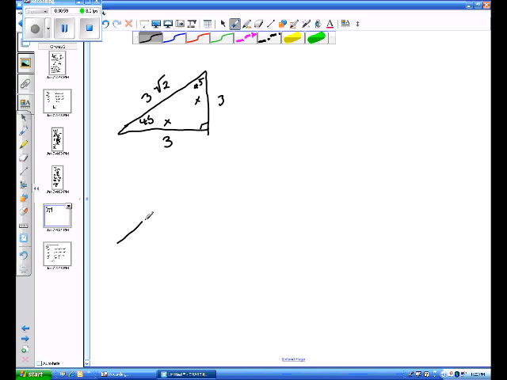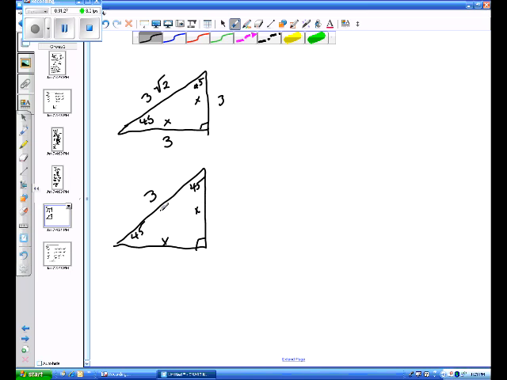Now, if we were given a right triangle where our angles were 45 degrees, and let's say in this case that we were told that it was our hypotenuse that was 3, and we want to find the lengths of the two legs. Well, we know that the lengths of the legs are the same.